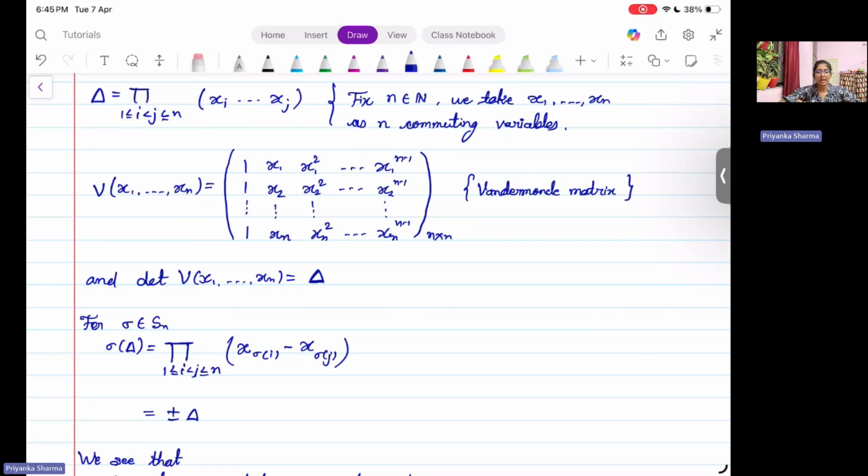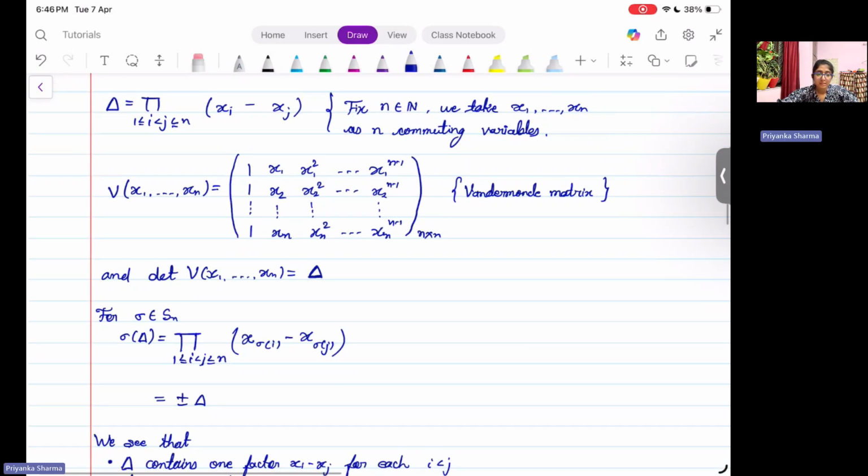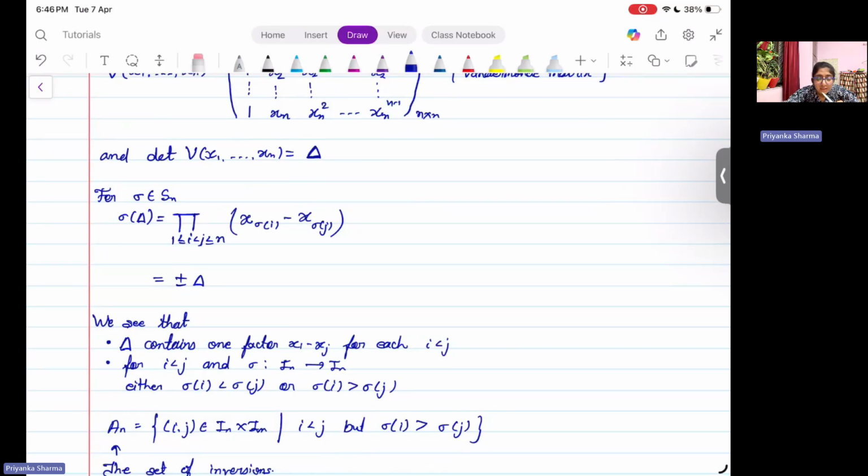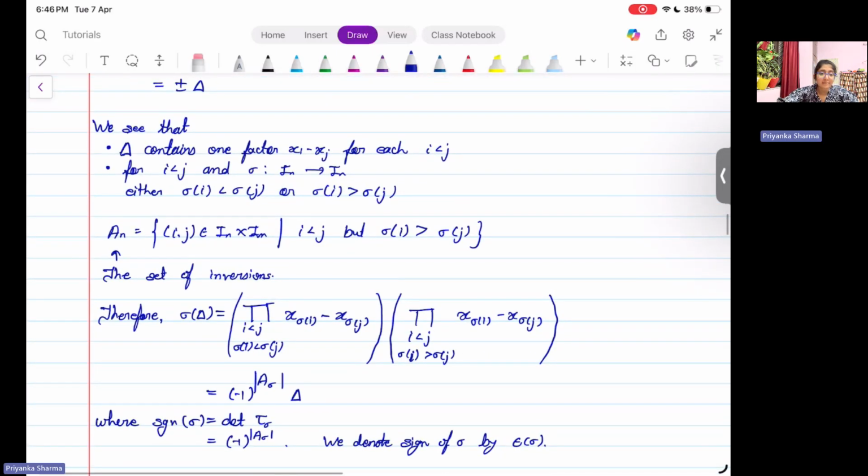We need to write it as this product, where in the place of indices we write sigma(i) and sigma(j). We can see that sigma of delta is either delta or minus delta.